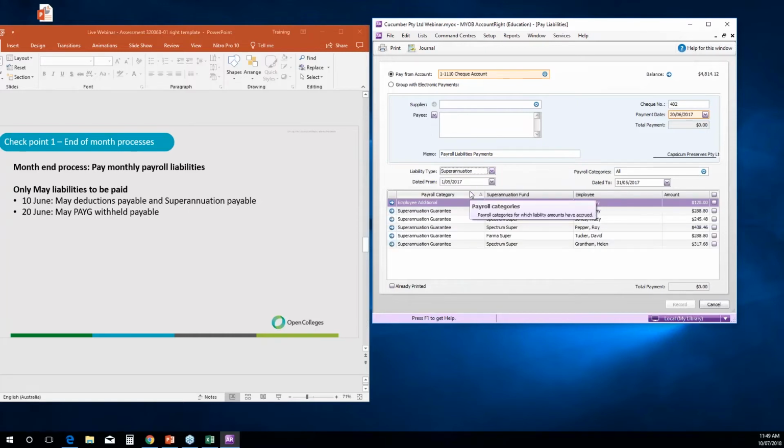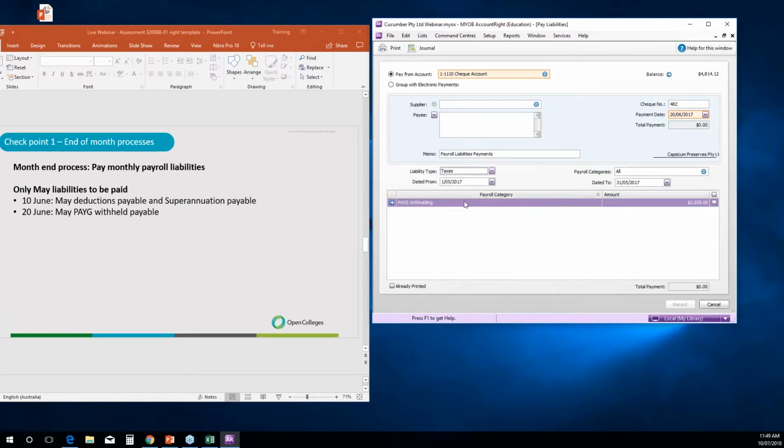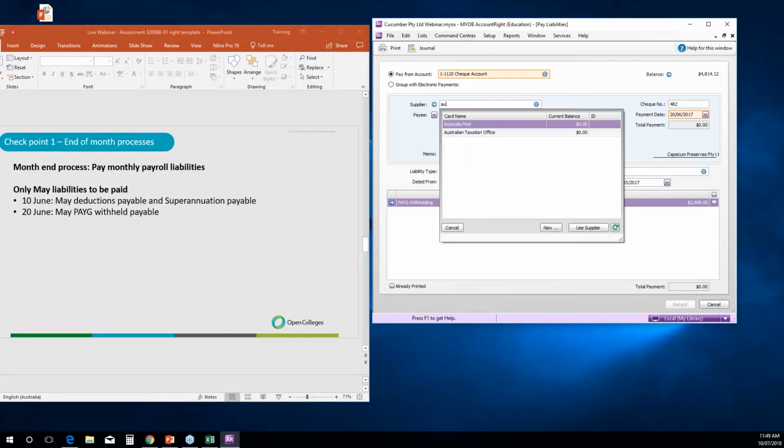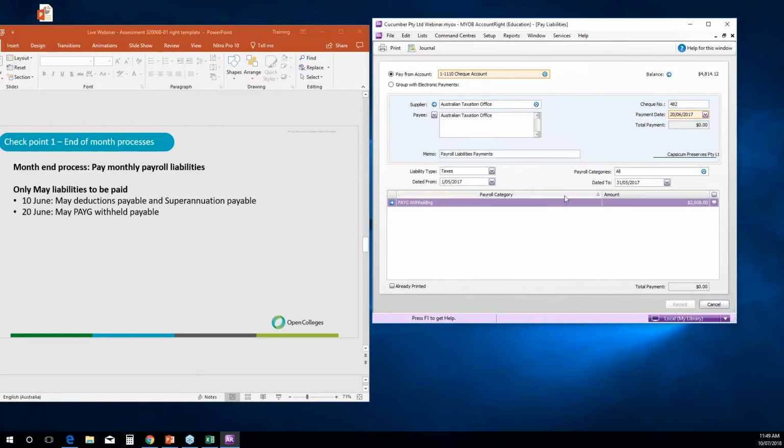You will be paying superannuation and taxes using this, for the month of May only. Who collects the tax? The ATO, so we must have the Australian Taxation Office as a supplier. We only have to do the May withholding amount, so tick it, check the cheque number again with your assessment, set the payment date to 20th of June, and simply record.